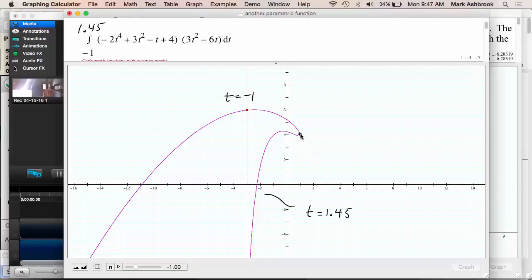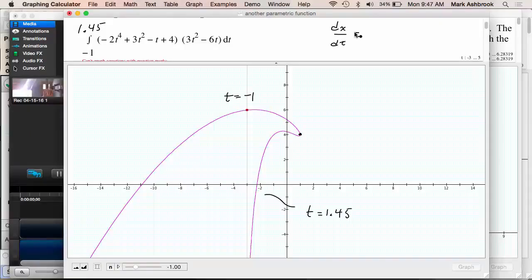We should know, if we remember from Friday. Rightmost point we could identify. So is it going to be dy dt or dx dt? We want no horizontal change. At the moment where there's no horizontal change or a vertical tangent, we know we're at the far leftmost point. And that's where dx dt equals 0. I think we did that last week.